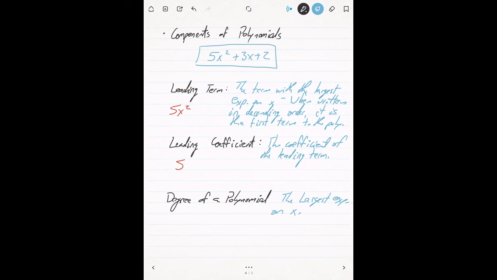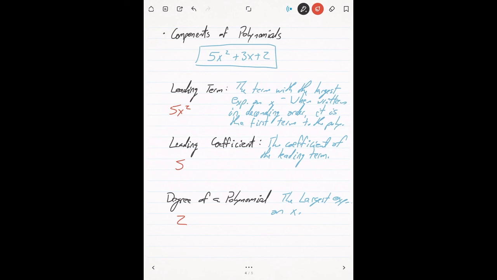The degree of the polynomial is the highest exponent that x achieves. So take a look in this example, that's 2. That's the largest exponent on any of the x variables. It's also the exponent for the value in the leading term. So for us, the degree of this polynomial is 2. We would say this is a second degree polynomial.